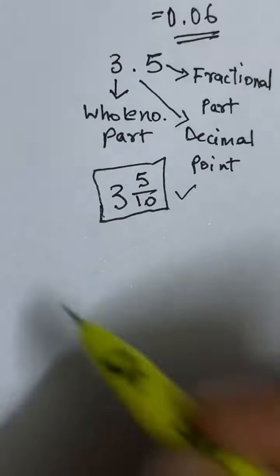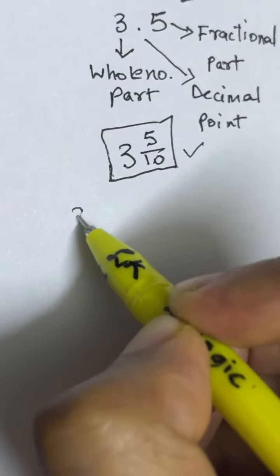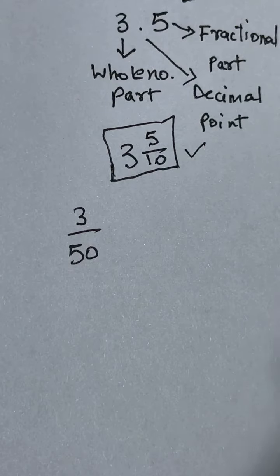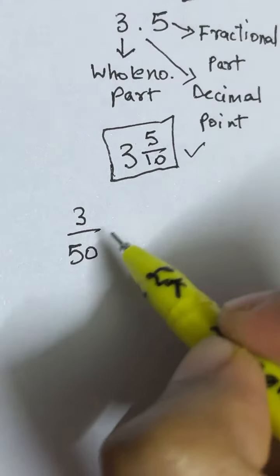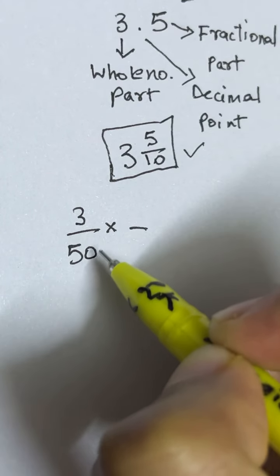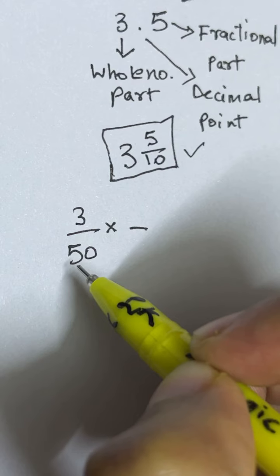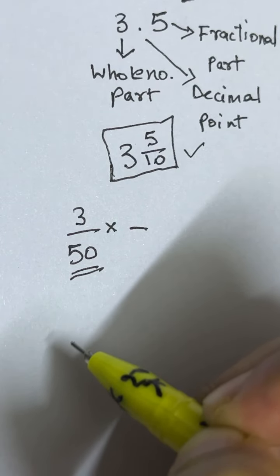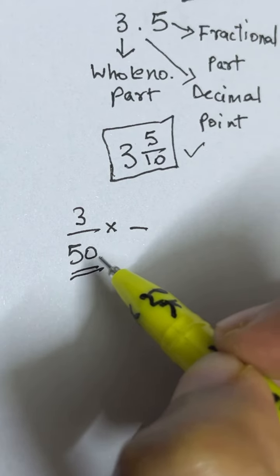Now we are going to do some examples. Let's say you have 3/50. We are going to multiply it by a one whole. Our denominator is not a multiple of 10. It is not 10, it is not 100, it is not 1000.